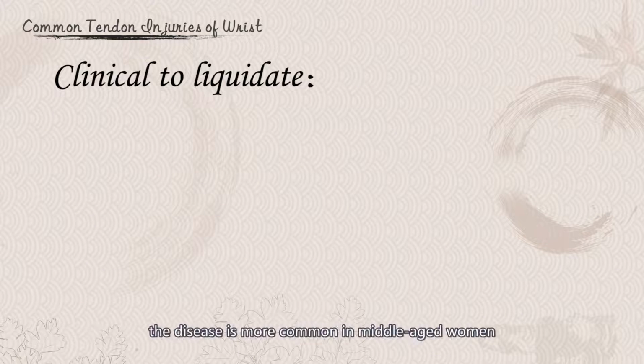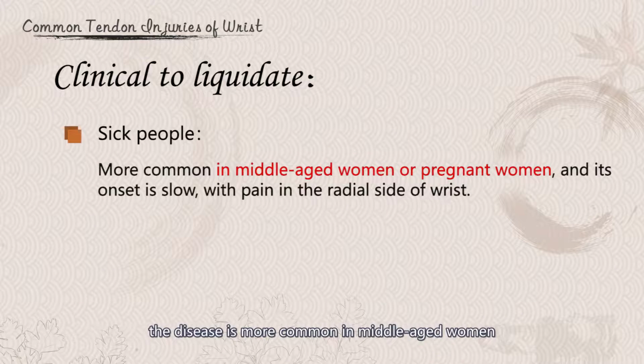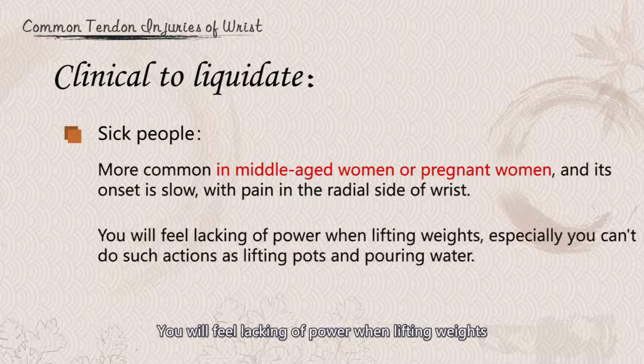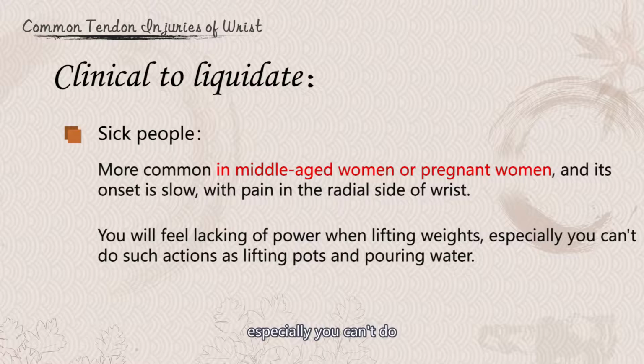Clinically, the disease is more common in middle-aged women or pregnant women, and its onset is slow with pain in the radial side of the wrist. You will feel a lack of power when lifting weights, especially you can't do such actions as lifting a pot and pouring water.